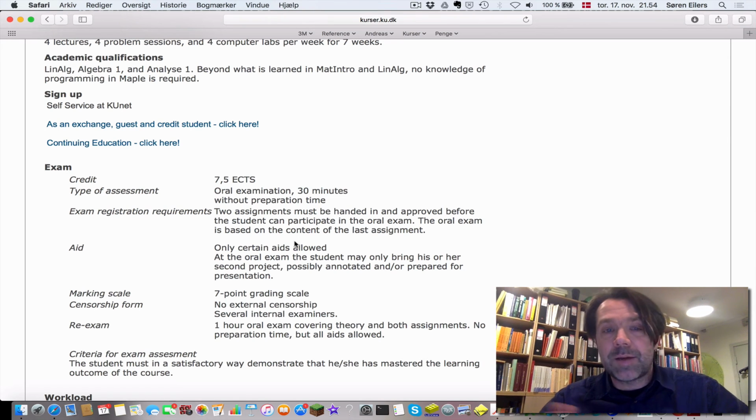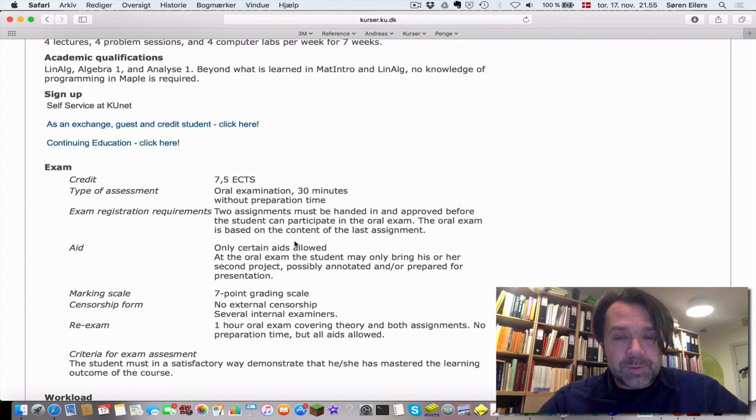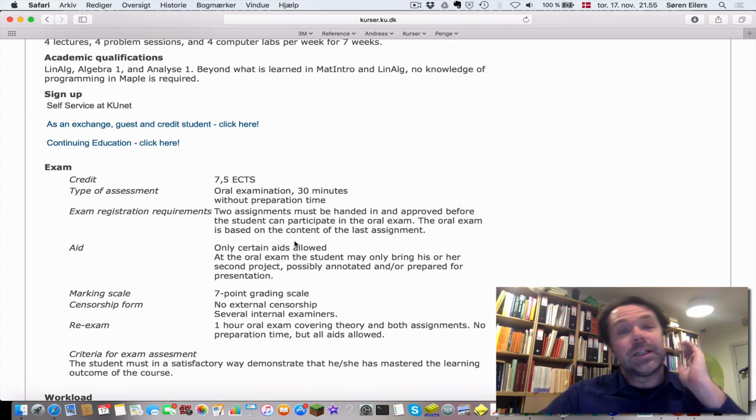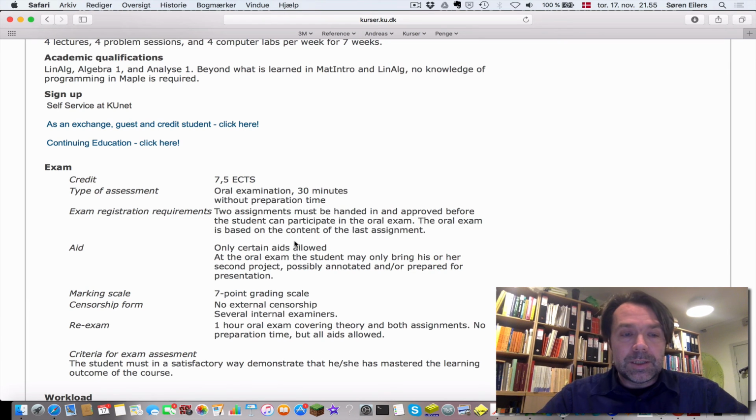At the exam, which is a 30-minute exam with no preparation time, you will give a short presentation of the experiments you did and your conclusions from the experiments. Then we're going to ask questions, so there'll be some sort of dialogue, and then we give you a grade. That's how the course is assessed.